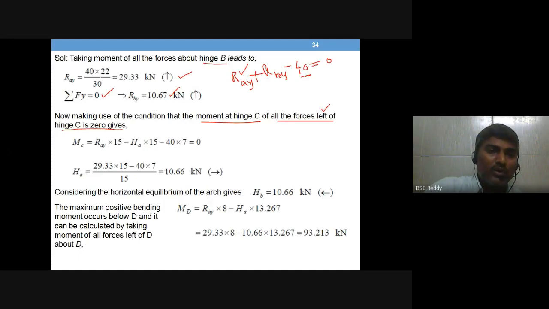So now you know RAY value already, that you substitute. Then what you need is HA value.